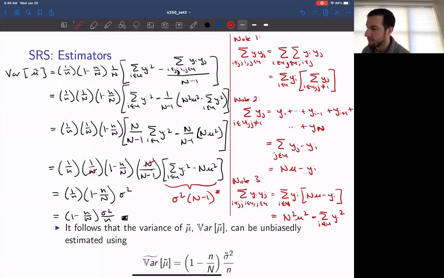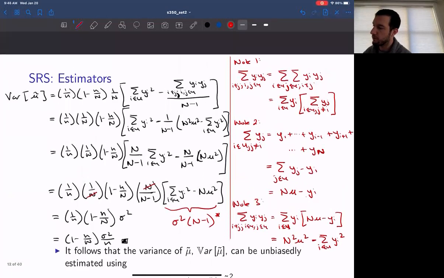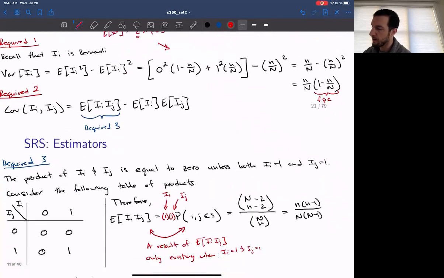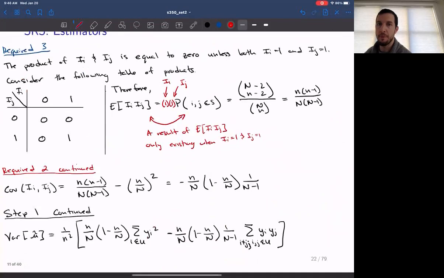Otherwise, I think just take some time to go through the steps of the proof. I've tried to lay it out in as organized and logical a fashion as possible. Obviously, a lot of these subparts, so the required 3 here, where you show the expected value of I subscript I, and you have the note about why this is the case, you don't have to write this down when you're reproducing the formula.